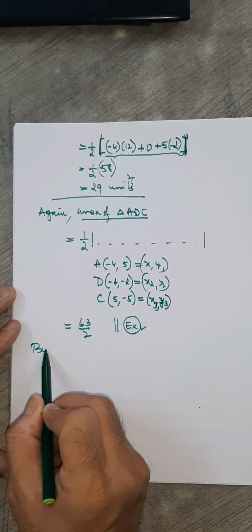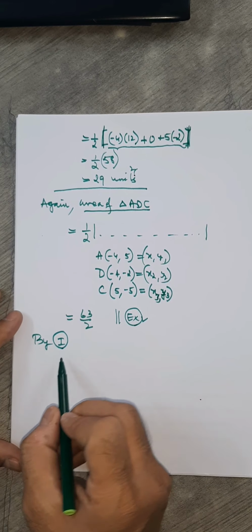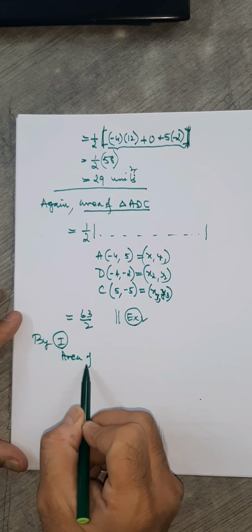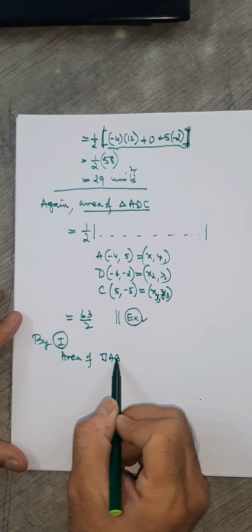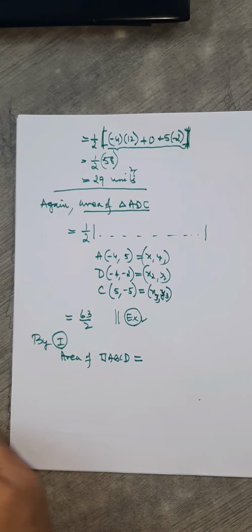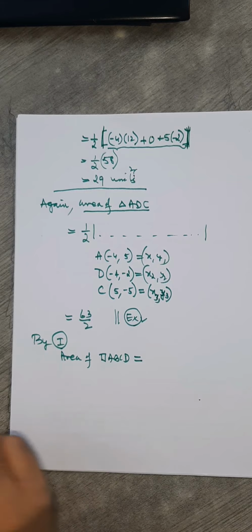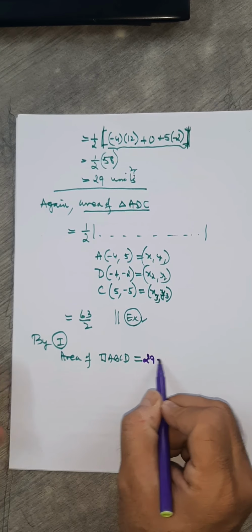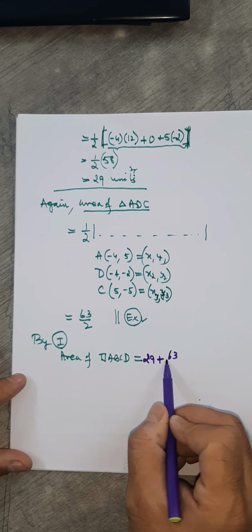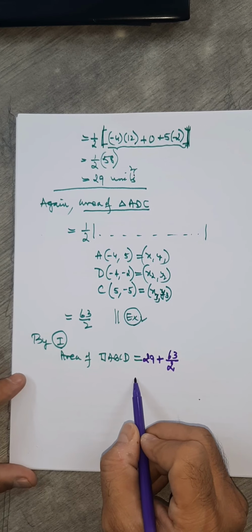And therefore, the area of the quadrilateral ABCD equals the first area, which was 29, and then the second area, 63 by 2. Fine.